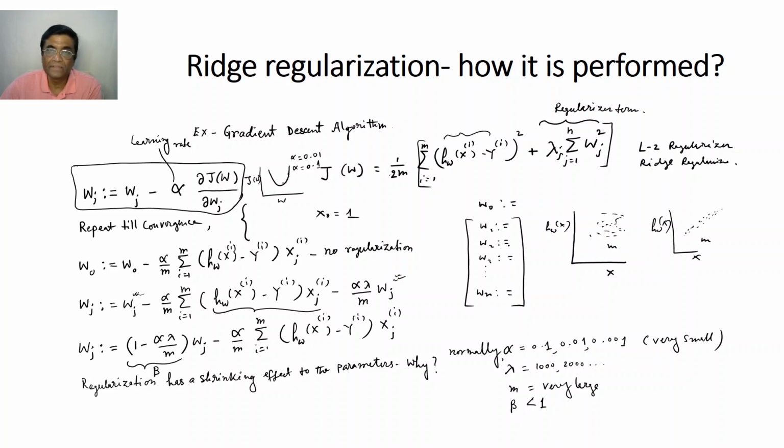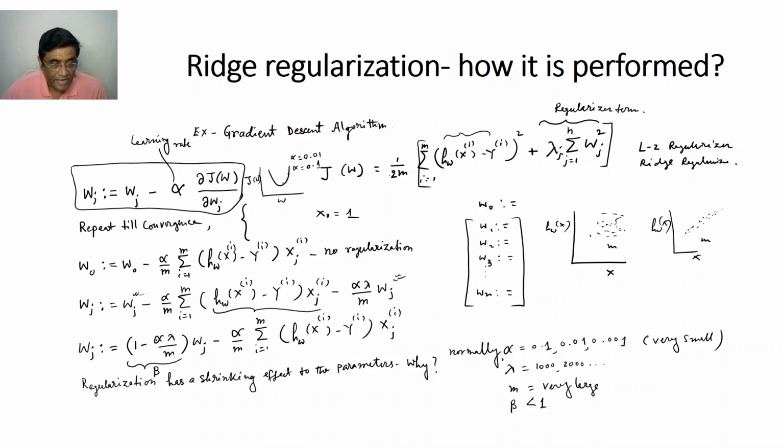Maybe you give a threshold of 10 to the power minus 2, and if the W parameters are not changing or the JW is also not changing much, that means JW has reached the minimum value. So if there is no appreciable change, then we stop the algorithm and we take the W values as fixed W values, which can be used for our predictor design.